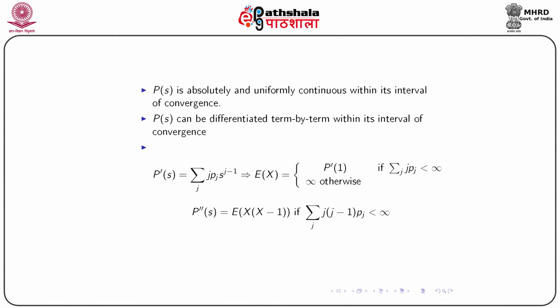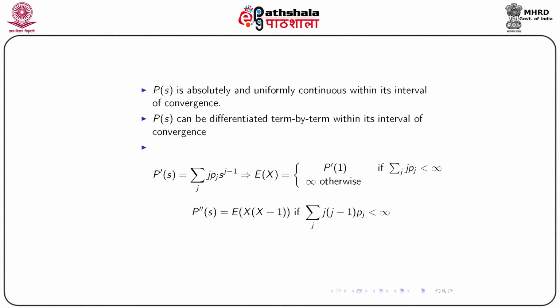Another important property is that this probability generating function can be differentiated term by term within its interval of convergence. It can be differentiated once, twice, thrice, 4 times, as many times as we want within its interval of convergence. Now if I differentiate Ps once, what will I get?